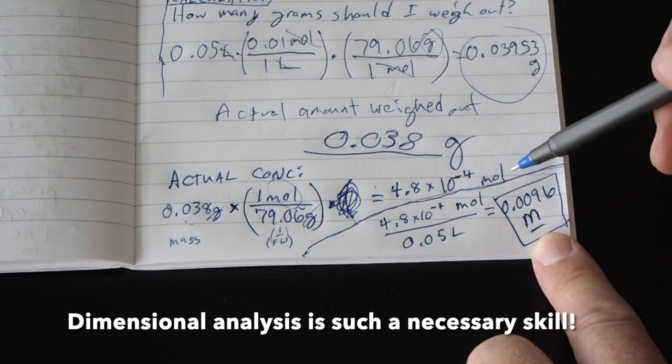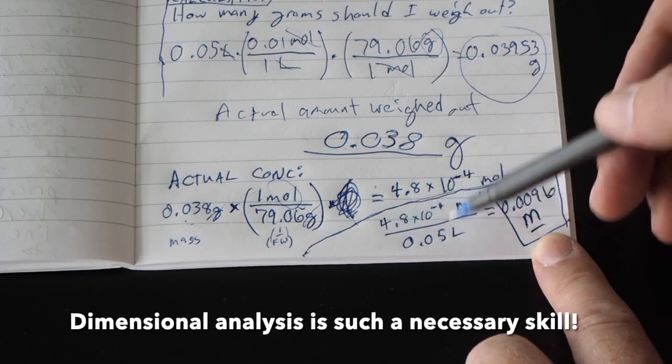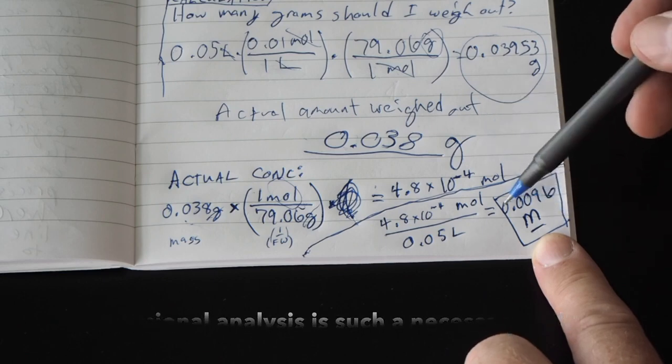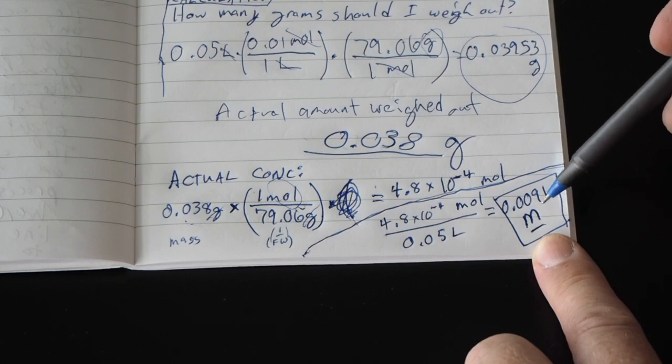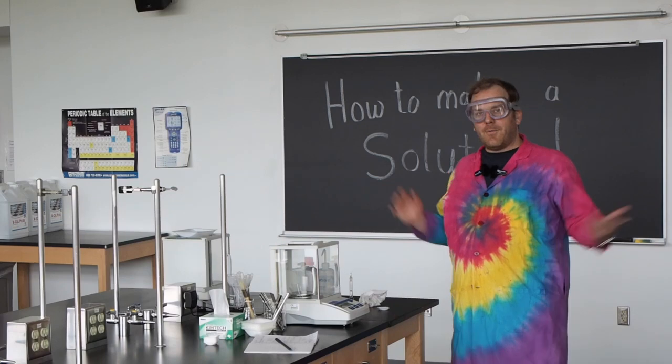That's how many moles, 4.8 times 10 to the minus 4 moles of ammonium bicarbonate. And then divide moles by liters, that gets you moles per liter, or molar, in other words. I made a solution of 0.0096 molar ammonium bicarbonate.